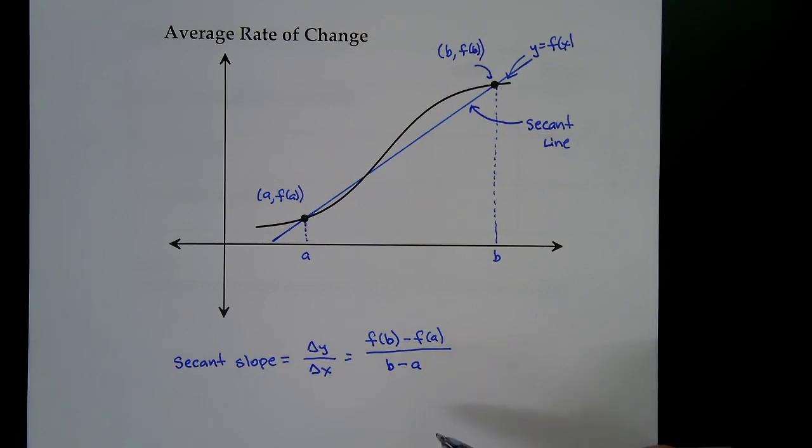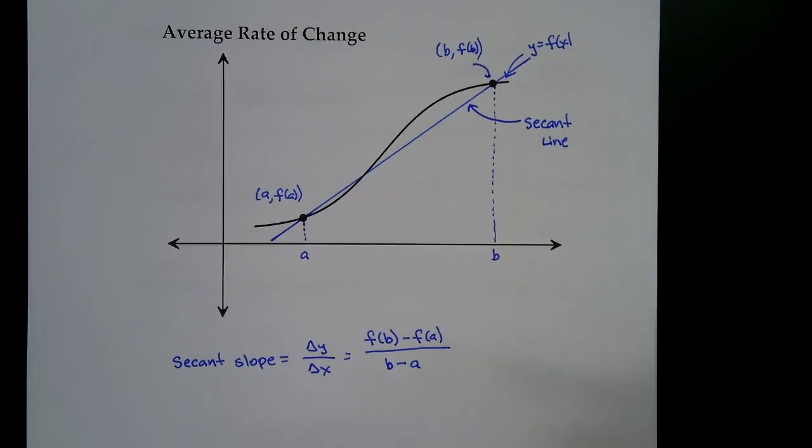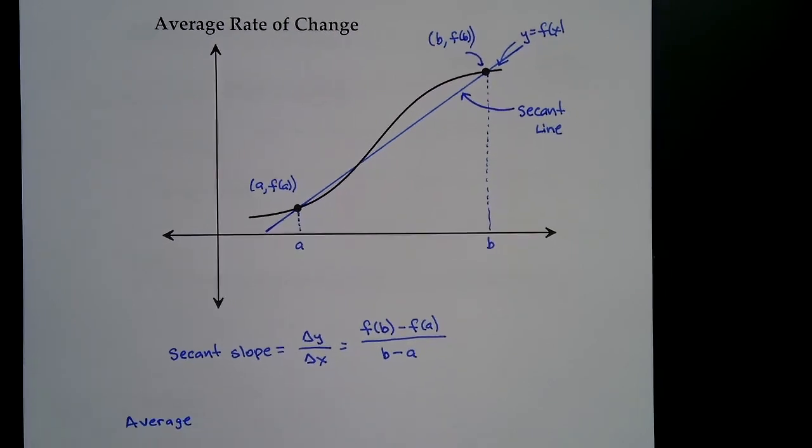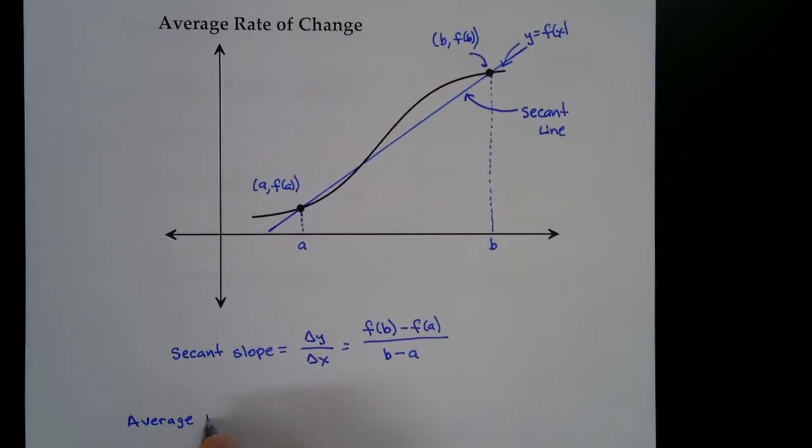And this is also called the average rate of change. So the y coordinate is changing, and there's a rate at which it's changing. The average of those rates is called the average rate of change. I'm going to slide it up a little bit more.